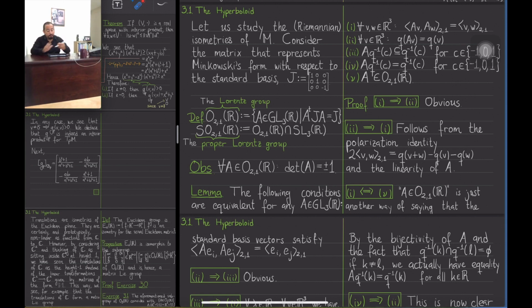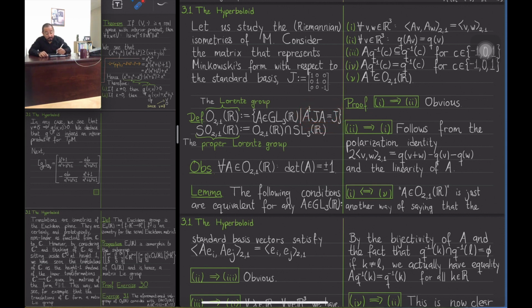Namely, if one takes the matrix J of the Minkowski form with respect to the standard basis, then look at all invertible linear maps of R3 that preserve this form.